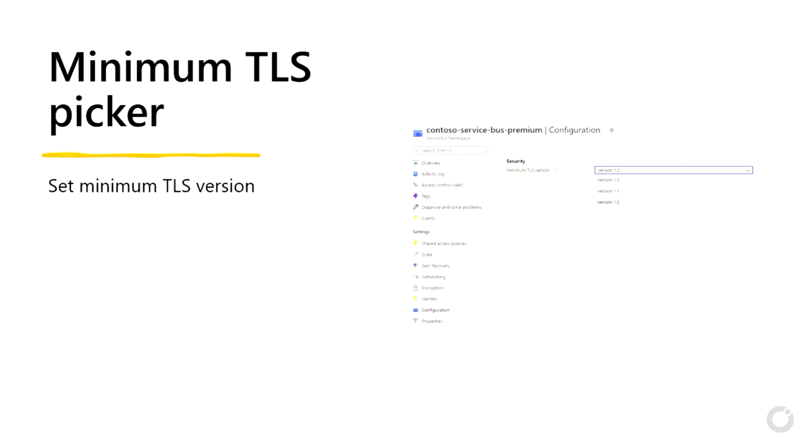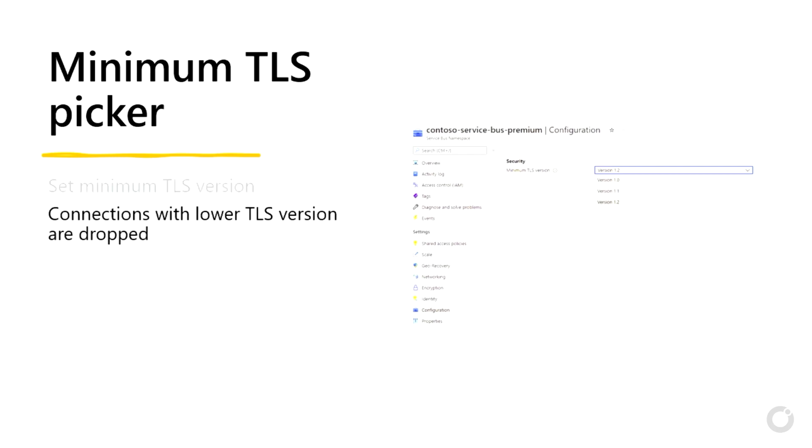So we allow you to set the minimum TLS version when creating the namespace, and you can also update it later on. As you can see, it's just a simple drop-down. And once you select a higher TLS version, so if you select 1.2 and you come in with 1.0, it will just drop the connection. You'll still get the first connection, but as soon as we see that your TLS doesn't match, you will be immediately dropped.